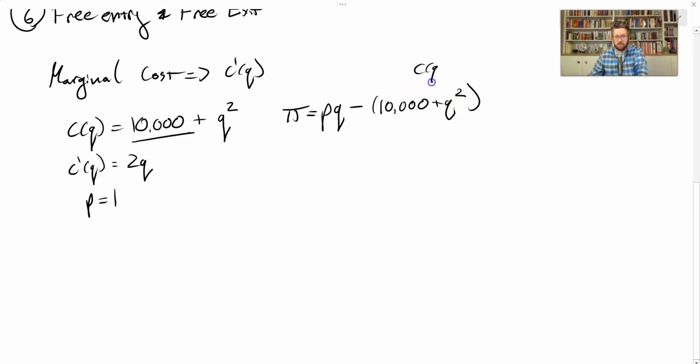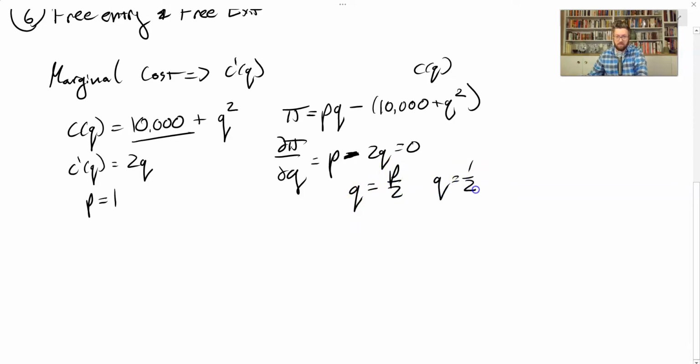There's our cost function. We take the derivative and we end up with this usual equation that price is equal to marginal cost. Set that equal to 0. We get Q is equal to P over 2. If P is equal to 1, we get Q is equal to 1/2. Okay?